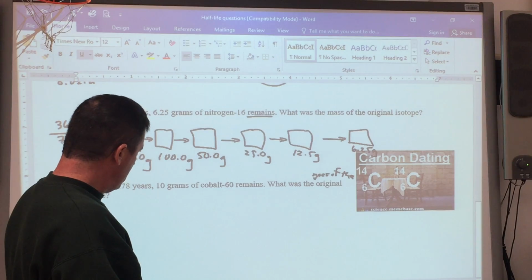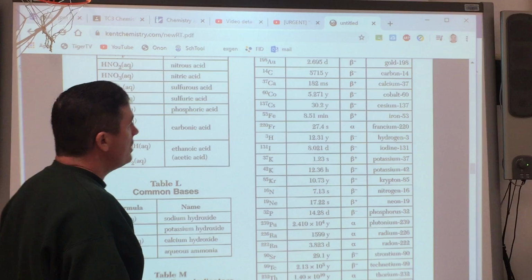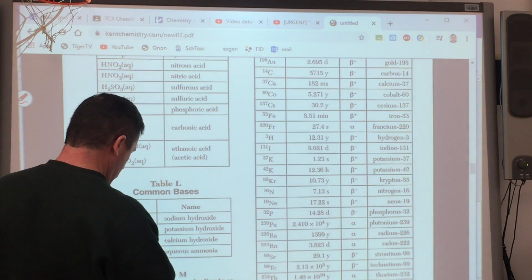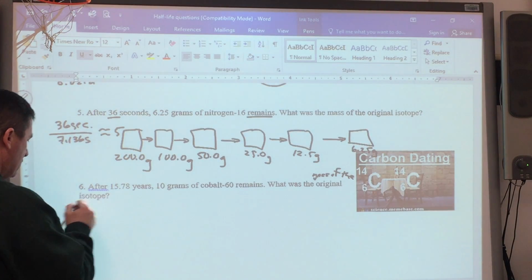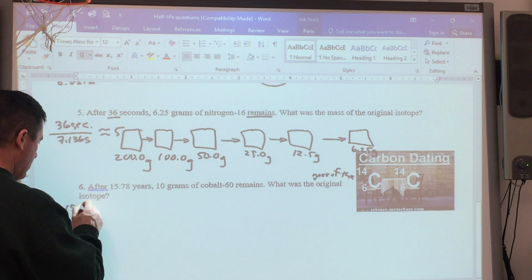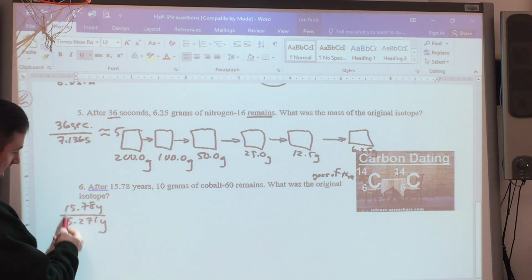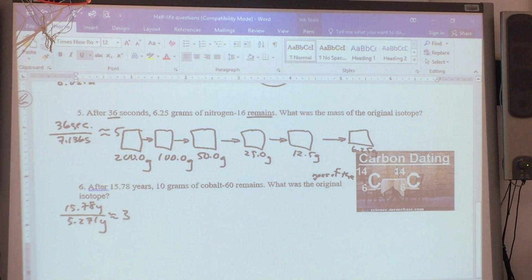Sorry, cobalt-60, my fault. Cobalt-60 is 5.271 years. 15.78 years over 5.271 years. Well, you can tell it's going to be pretty close to 3 half-lives.